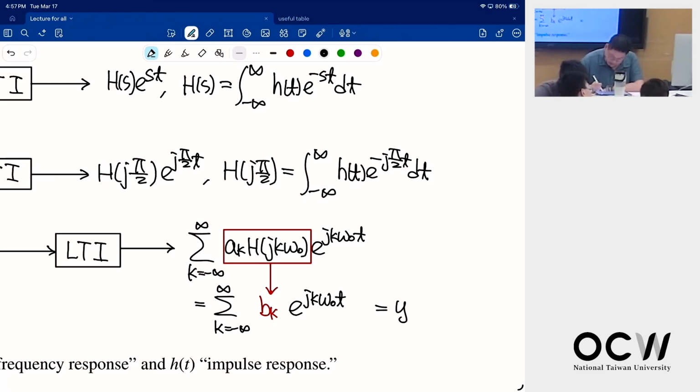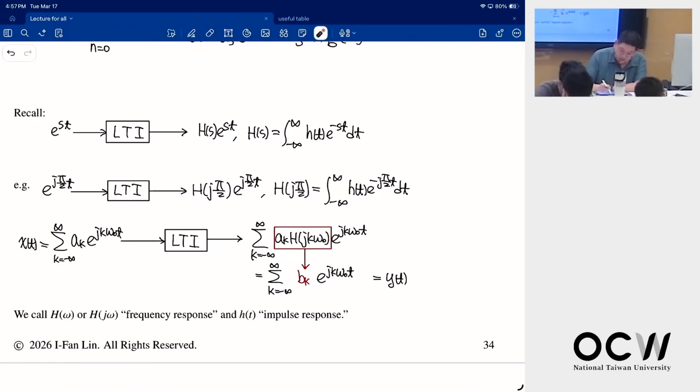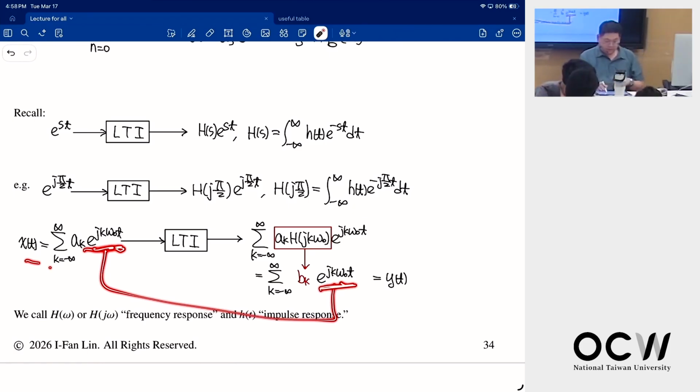That is the output. So you can see the input and then the output. The H of omega or H of j omega, while in different textbooks they have different notation, but overall they just call it the frequency response, and your h of t is the impulse response.